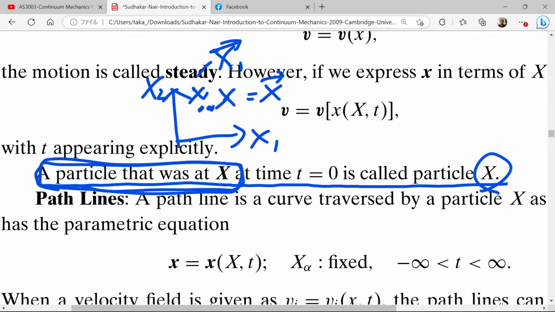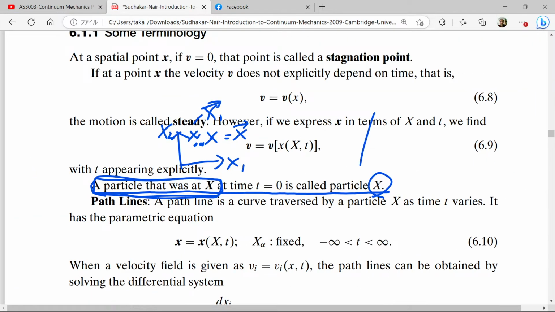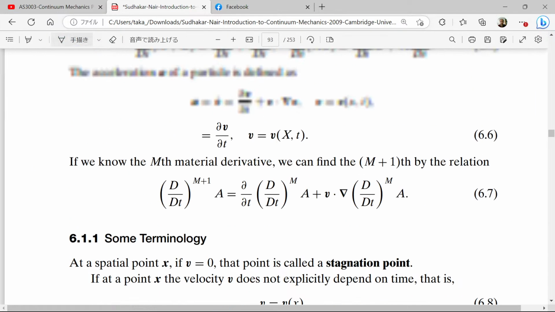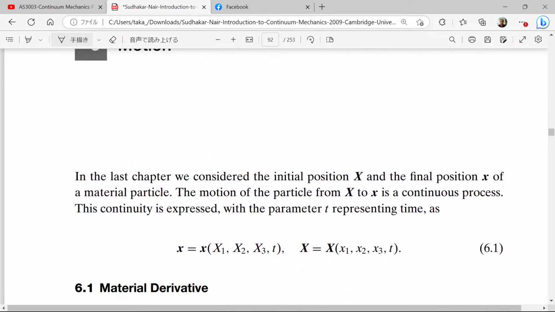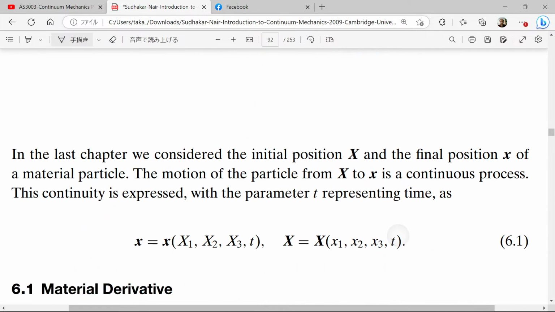Let me see. You can look at this. Let me start from the beginning, okay? Because in the last chapter we considered the initial position X and final position small x of a material particle.